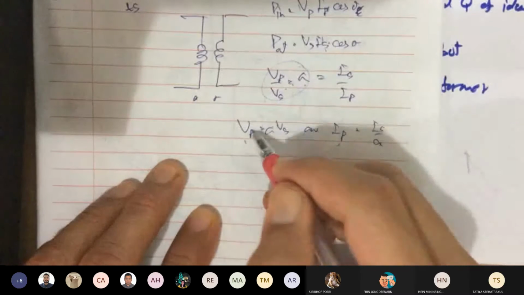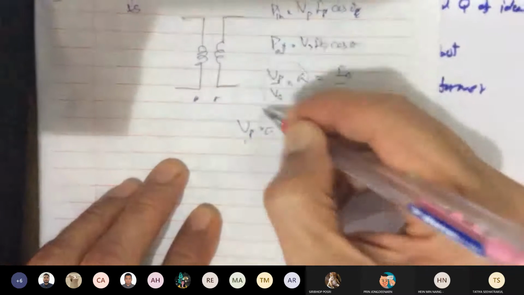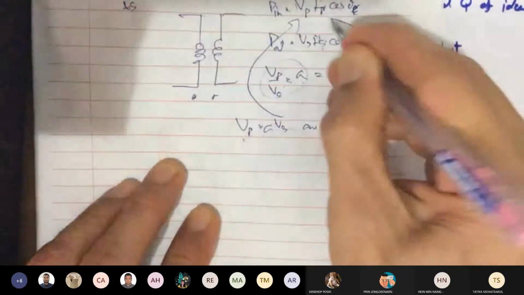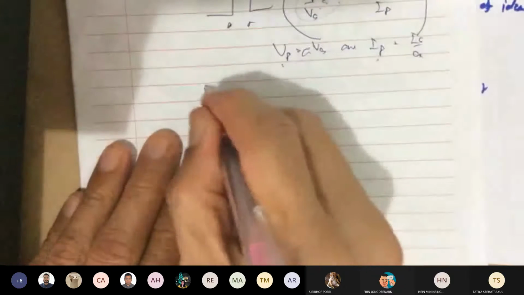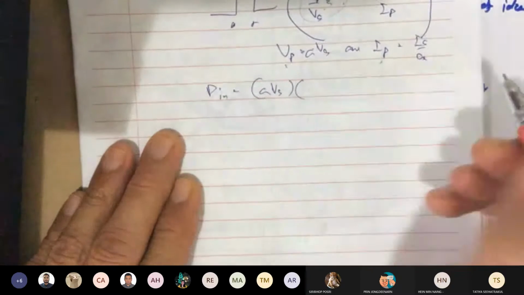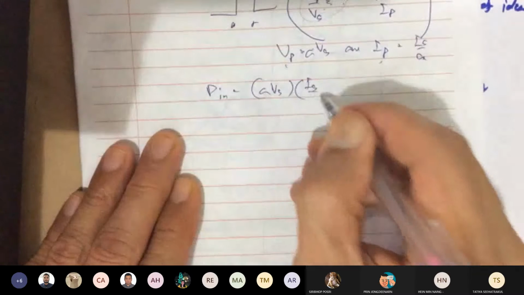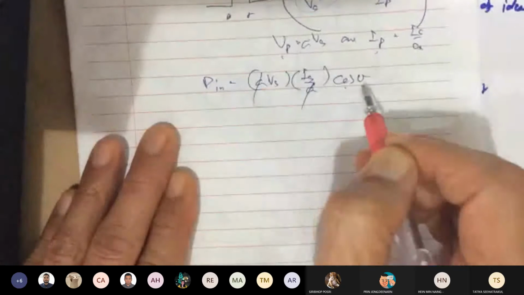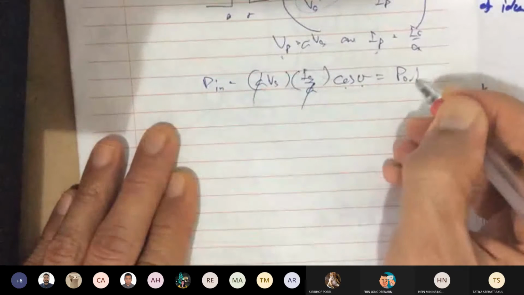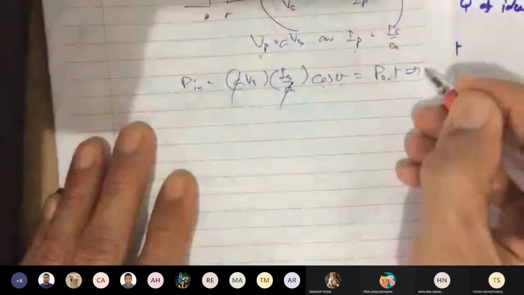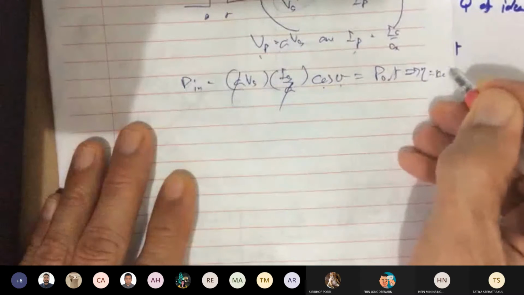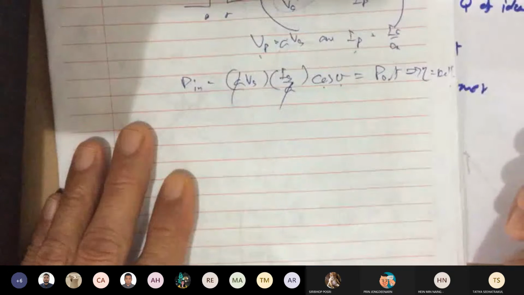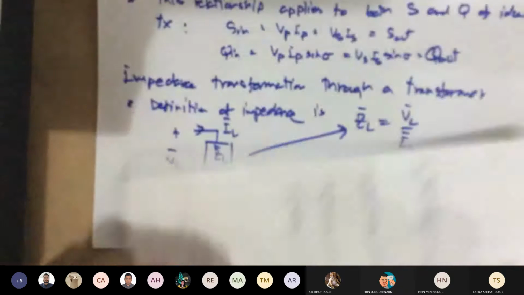I substitute this VP and IP into the equation up top. So I will get P in equals A VS times IS over A, cosine of theta. And notice that the A's cancel. So P in becomes VS IS cosine theta, which is the output power. So this proves that our ideal transformer implies 100% efficiency. See? So this is the relationship.